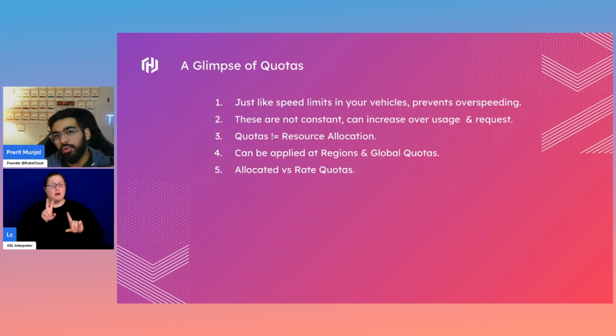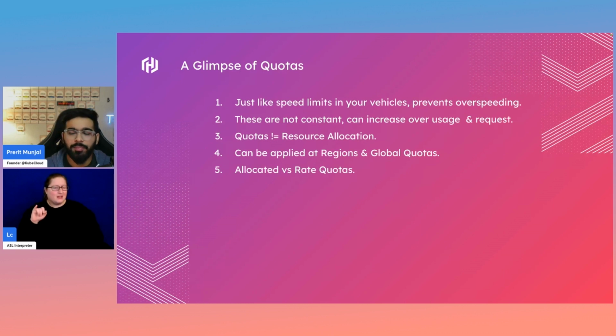They can be applied at regional and global level depending on the resources you're talking about. And there are two types of quotas: allocated and rate quotas. Allocated are the ones I will be talking about. Rate quotas are for APIs.